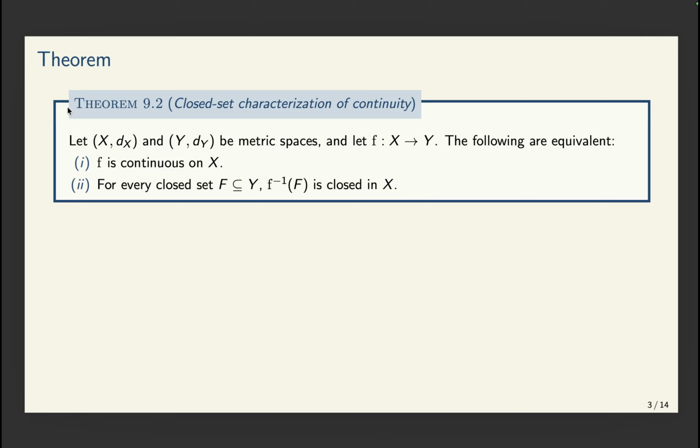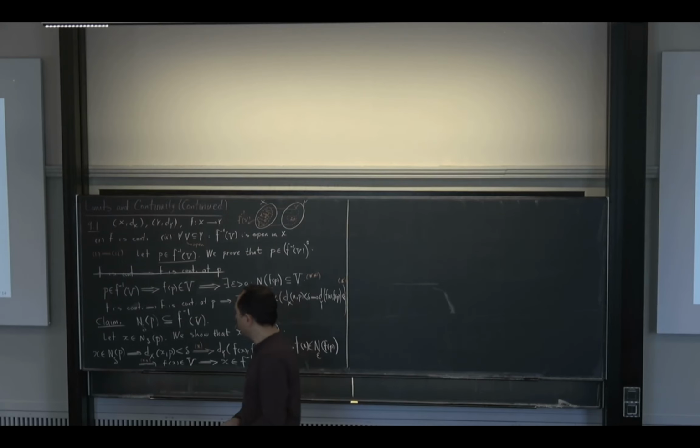So in other words, if you have two metric spaces X and Y, and a function f from X to Y, again the following two statements are equivalent. To say that f is continuous on X means the same thing as follows: for every closed set in Y, the inverse image of the closed set is closed in X. Exactly this theorem, but instead of having open, we have closed.